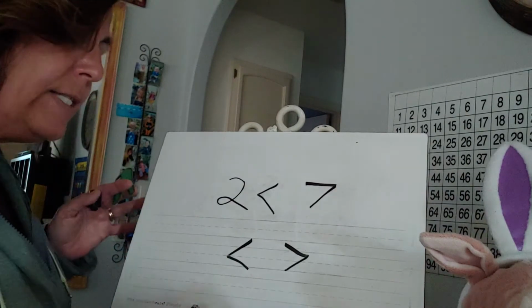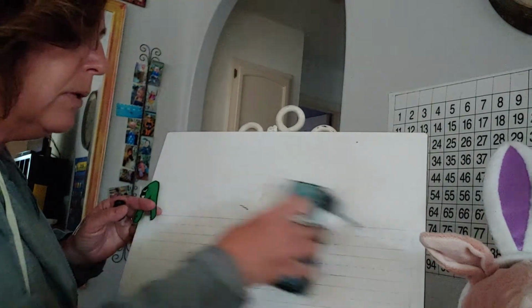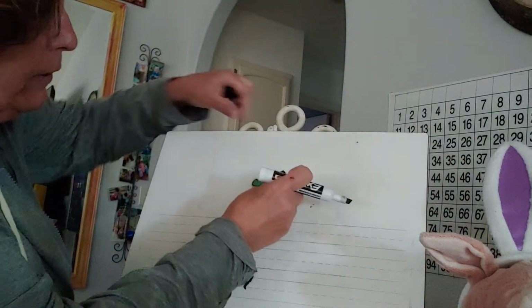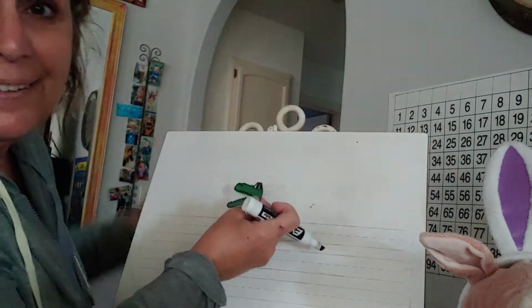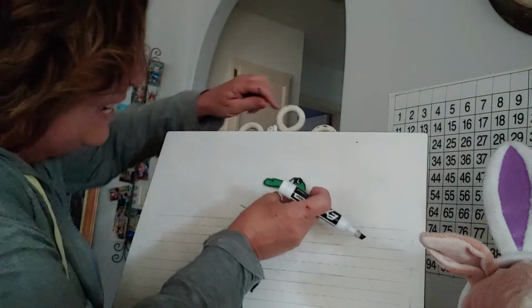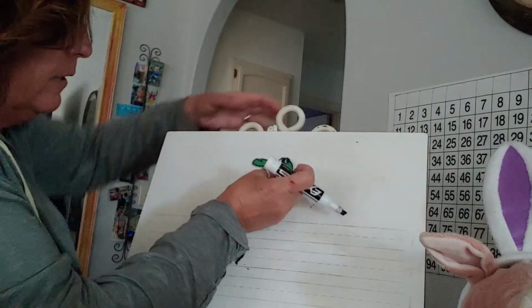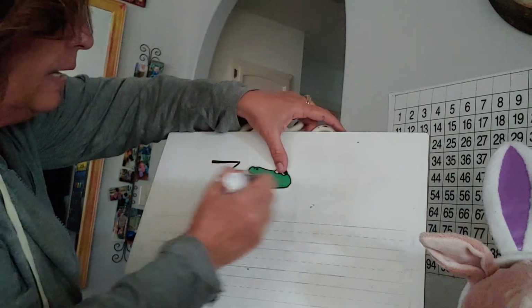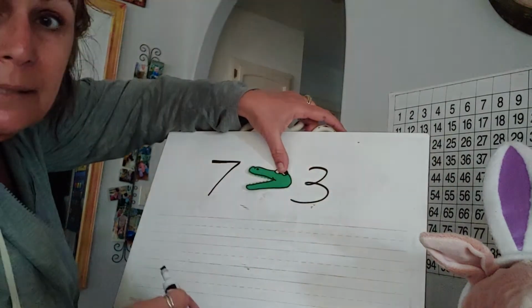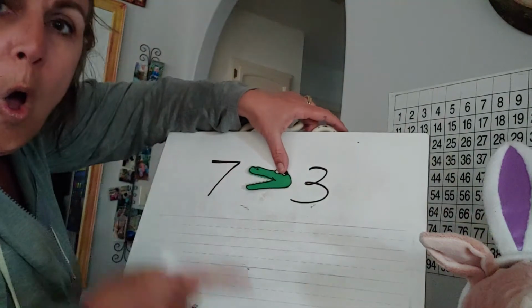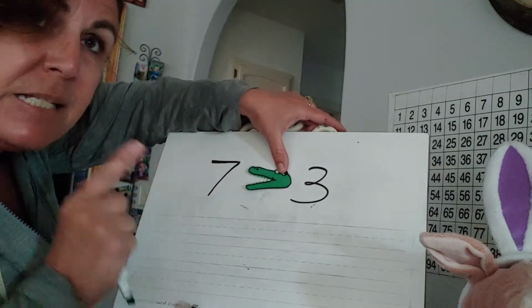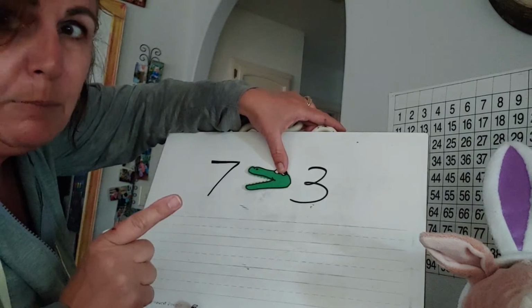Well, maybe you don't understand what that symbol is really talking about. So here's my little friend alligator, and he has a big mouth, and he's always really, really hungry. So we could put alligator on here, and we could put the number 7, and we can put the number 3. The alligator always has his mouth open, and he's always chasing after the biggest number because that's going to be more lunch.